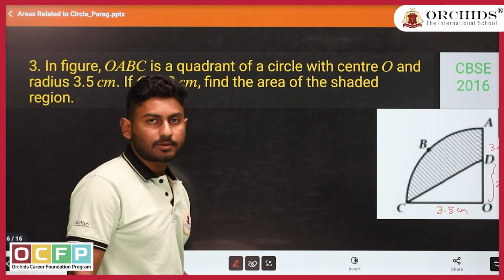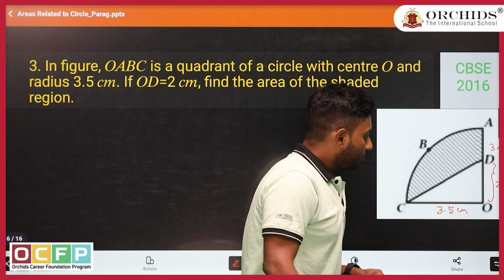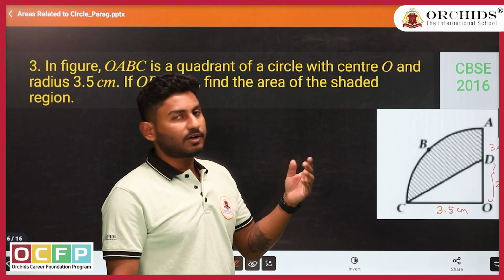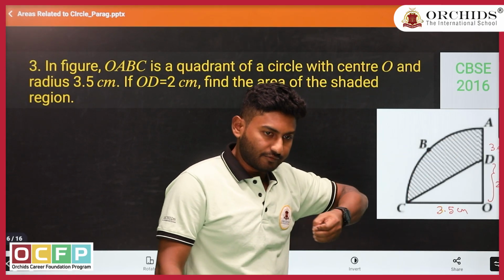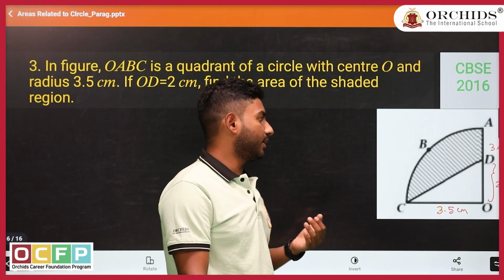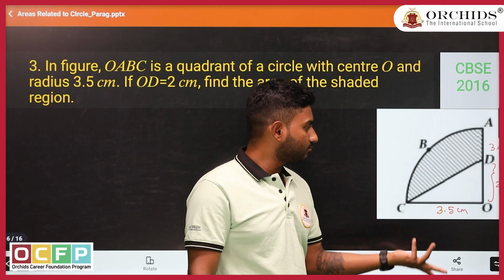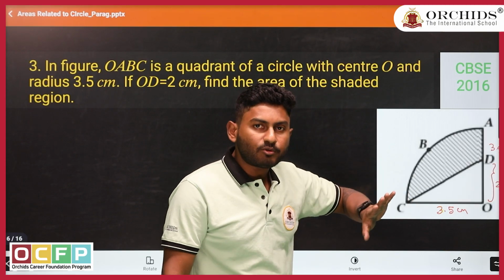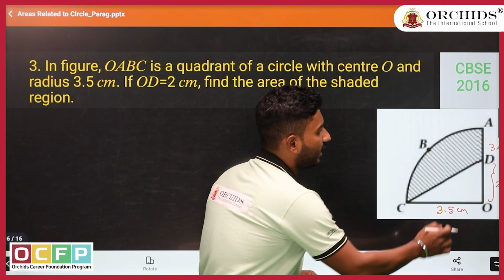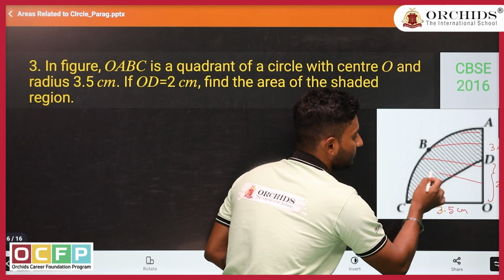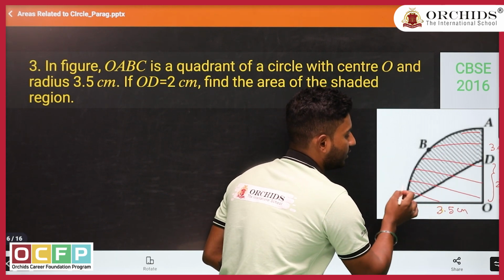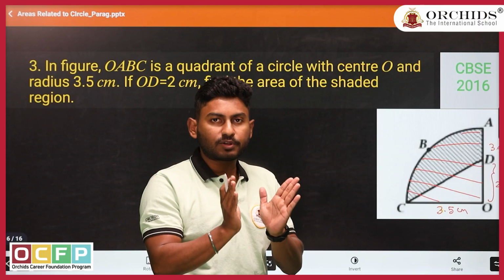Okay, area of the shaded portion they have asked. Now, it's difficult to find out, right? Only this area they have asked. This is not even a triangle. That's not even a quadrant as well. So what you can do, you can just find out the area of the whole of this quadrant. Let us find out the area of the whole of the quadrant.